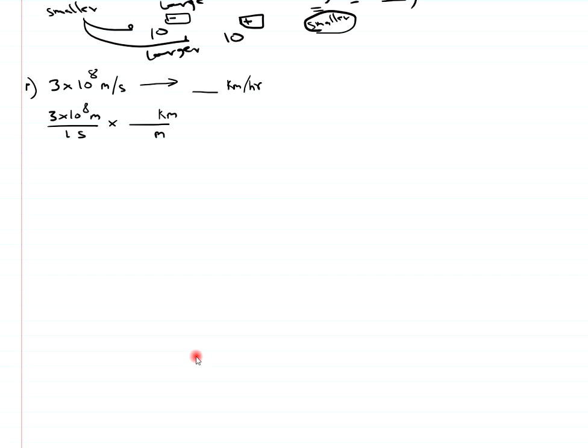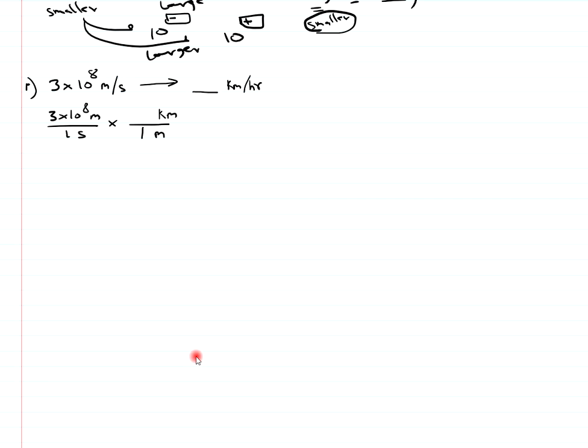You can either start as 1 kilometer is how many meters or 1 meter is how many kilometers. It doesn't matter which way we go. Let's say we are thinking of 1 meter getting converted to kilometer. As I was explaining, you have to decide: are you going from a smaller number to a larger number or a larger number to a smaller number?